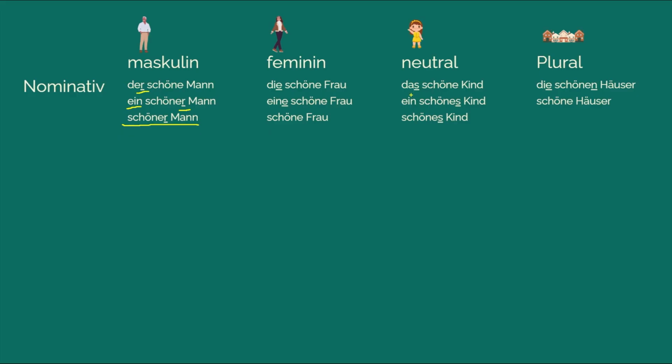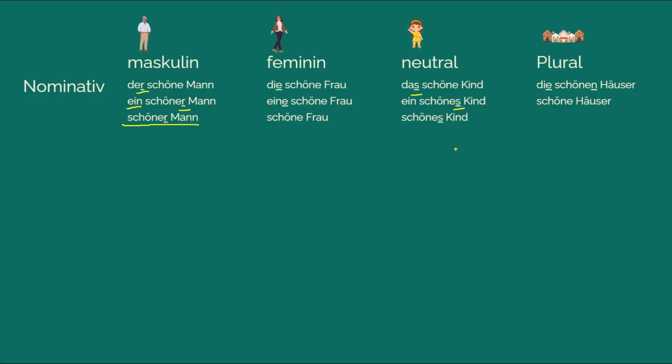Das schöne Kind, here we have the S. Ein schönes Kind, here we have the S. So depending on the article that you use, you either have an S already, like in the case of das, then don't use a second S for the adjective. But in the second example, ein schönes Kind, this article word doesn't have an S. Now we need the S in the adjective. Exactly 1 S, never 0, never 2.